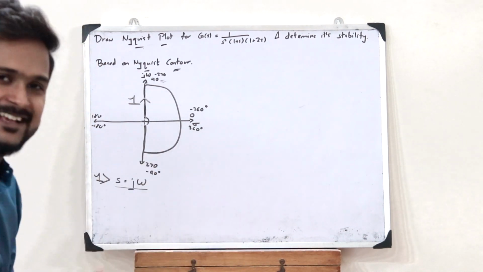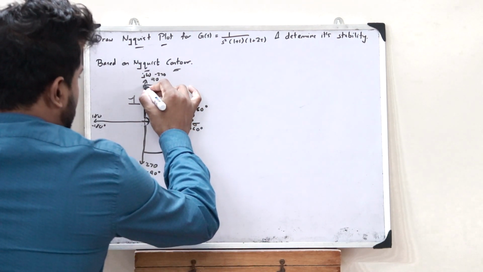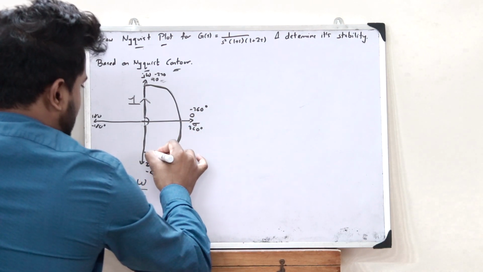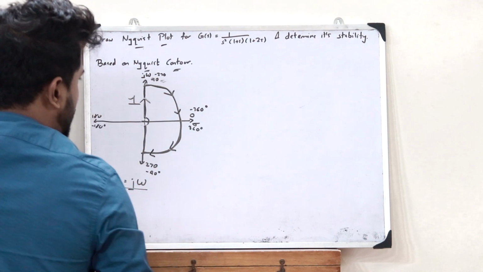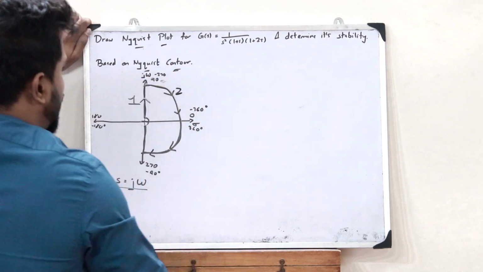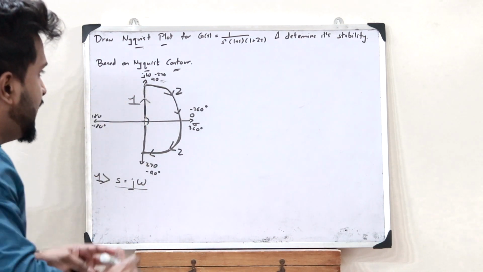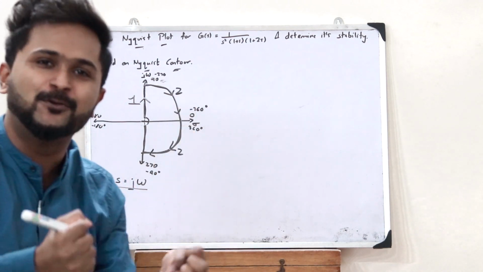Now, next comes the interesting part. Then we observe that it moves along here like this. This is the Nyquist contour. Let us assume this as portion number 2. In portion number 2, we have an infinite radius contour.